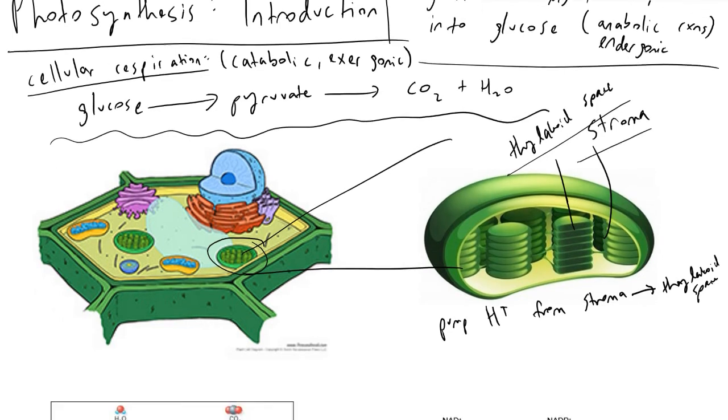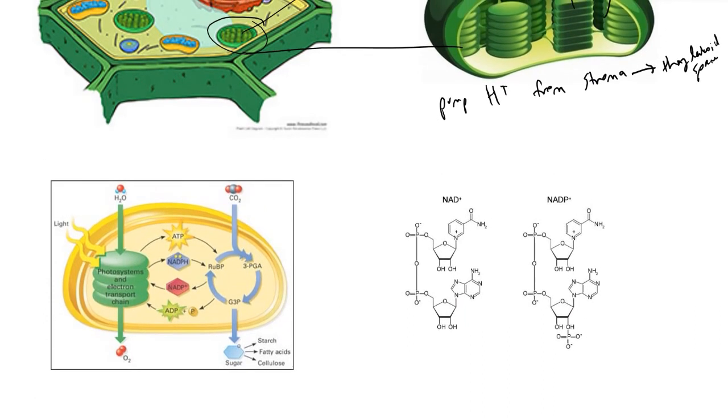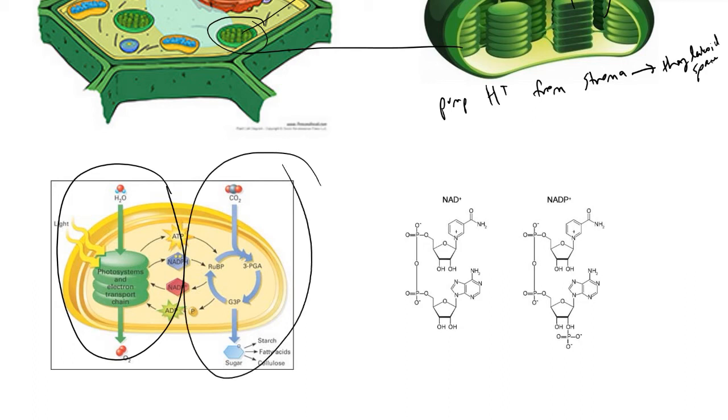And so if we continue our discussion and look more at the chemistry that's going on here, what we're going to see is that we have photosynthesis being broken down into two parts. We have light-dependent reactions, which would be this left half, and then we have the dark reactions, which is also called the Calvin cycle, which makes up the right half of this image to the bottom left corner.